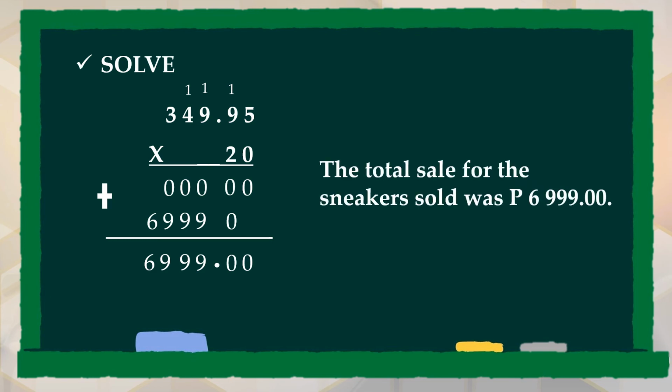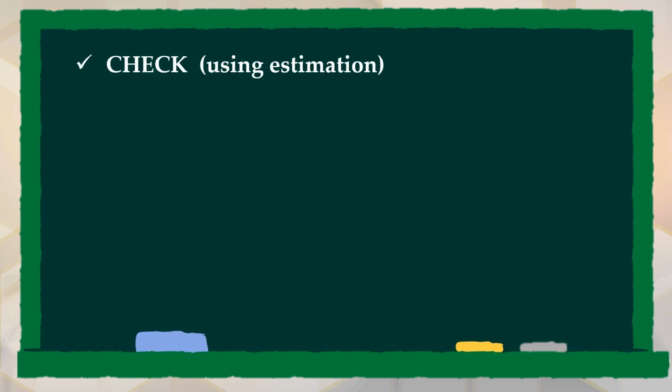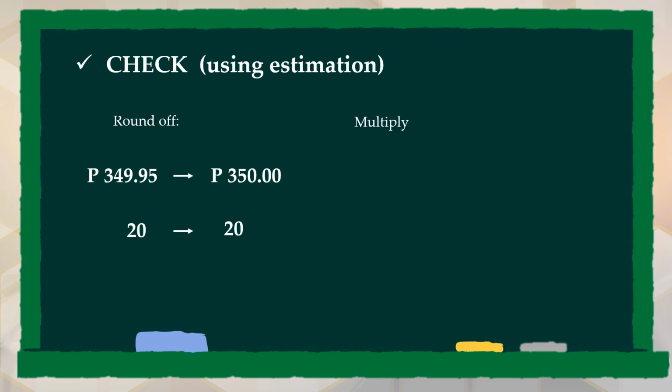So the total sales for the sneakers is 6,999 pesos. Let us check if our answer is correct by using estimation. Round off first the factors. So, 349 pesos and 95 centavos is approximately equal to 350, and 20 is also 20. Next step is to multiply the rounded factors.